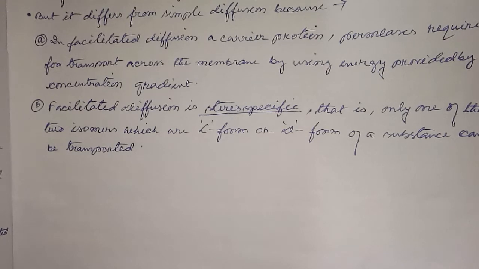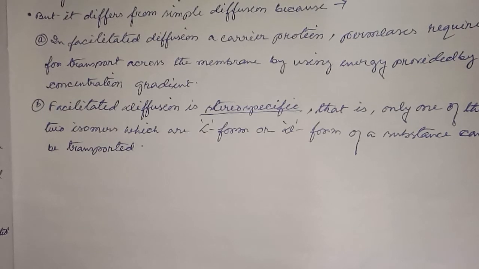Next, facilitated diffusion can be of two types: uniport and co-transport.